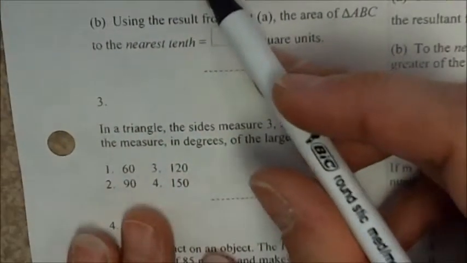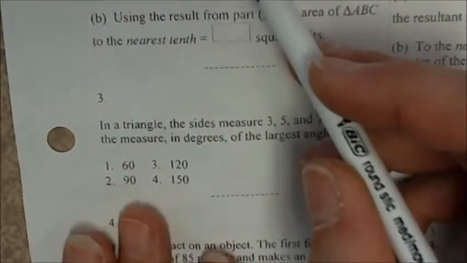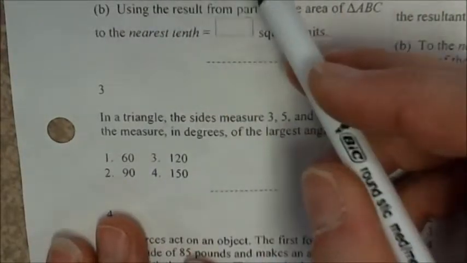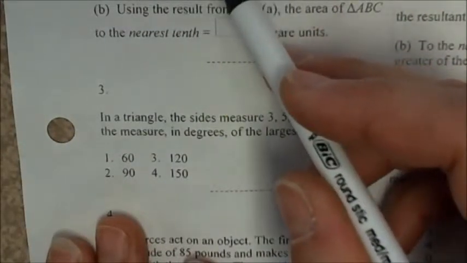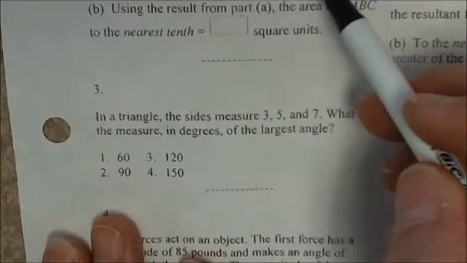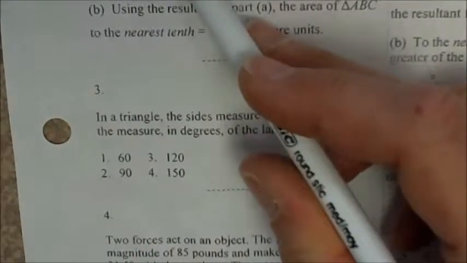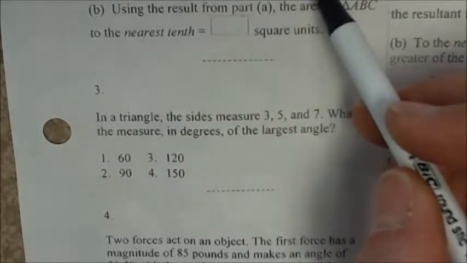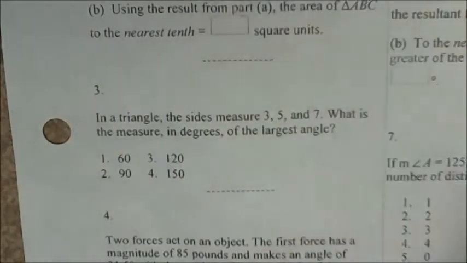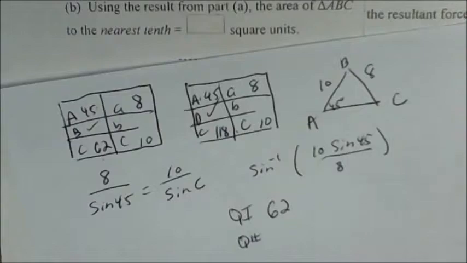Question number 2, they give you side, side, side information. And you can draw the triangle, which you should, and you'll see that angle A is across from little a. So if you want to try to find angle A, you're going to use that modified law of cosines.